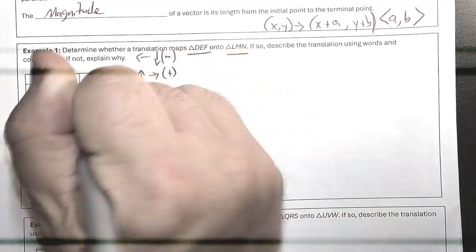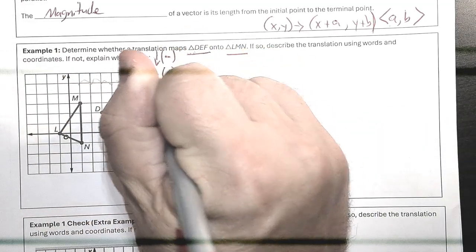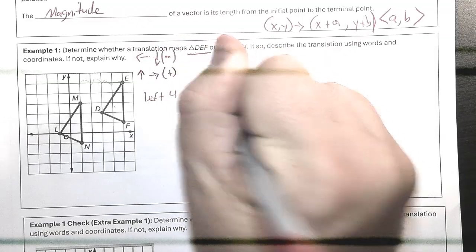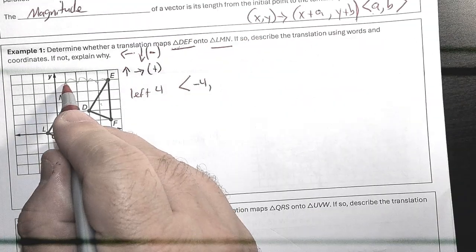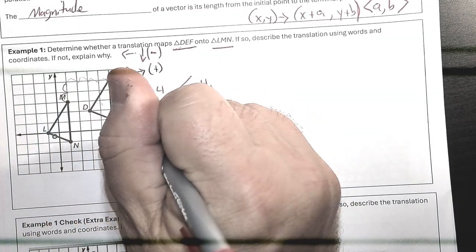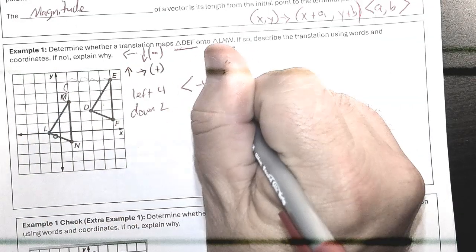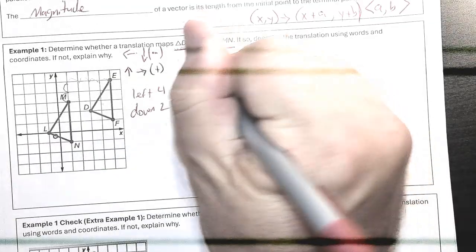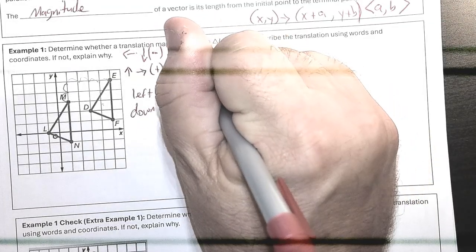So we went left 4, or -4, comma, and then we're going down 2, or -2. Remember, down is negative also. This was from E to M.